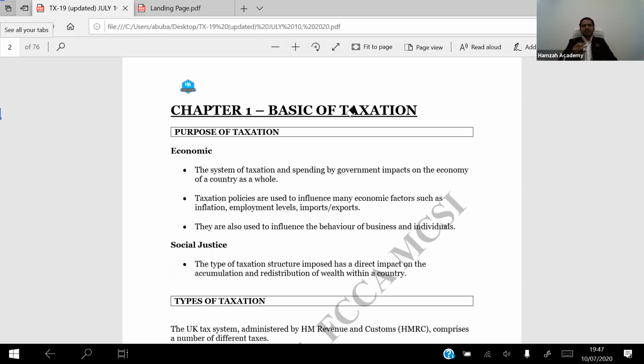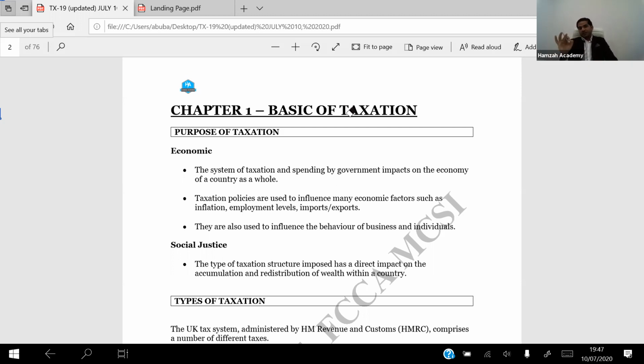The sole reason is so I can meet my expenses. Same way a company is earning, so the company can make profits and grow and meet its expenses and give the profits to the shareholders. Same way a government also needs money in terms of revenue from the general public, so they can also spend and invest in the right areas.